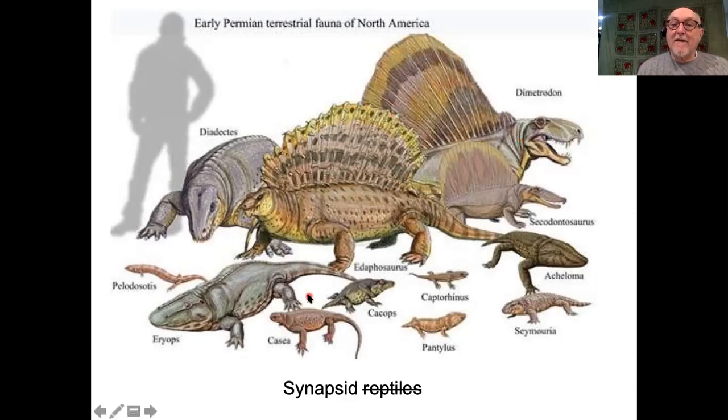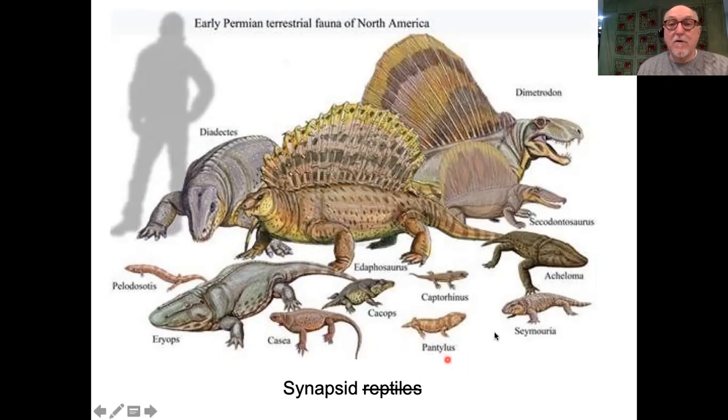So these are the synapsids. Almost all of them wiped out at the end of the Permian, in the Great Permian extinction, which led to the loss of something like 60–70% of species all over the world. But one group of synapsids survived.